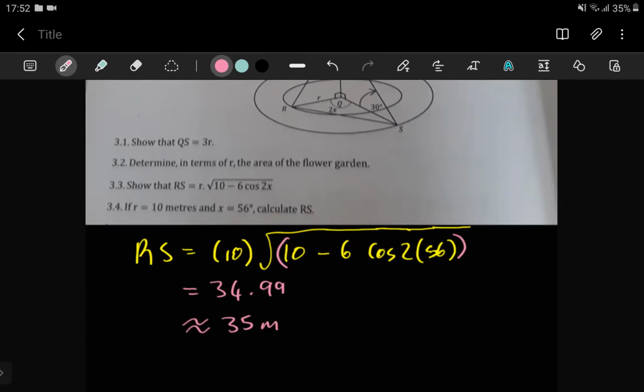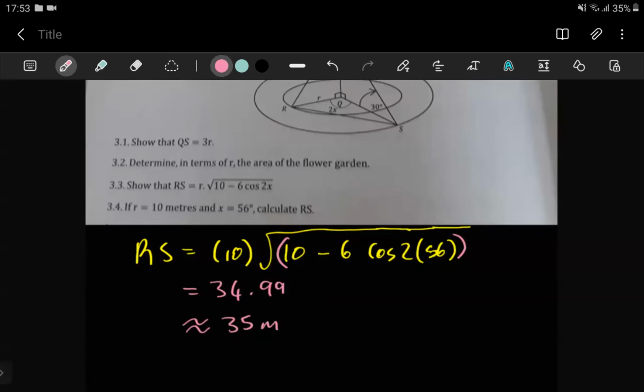Wait a minute, hold on. I'm legit getting a syntax error. So let me see what I did wrong here. 6 cos 2x. So let's see here. Because when I put what I put in the calculator, it's giving me a syntax error. So let me see what's going on here.